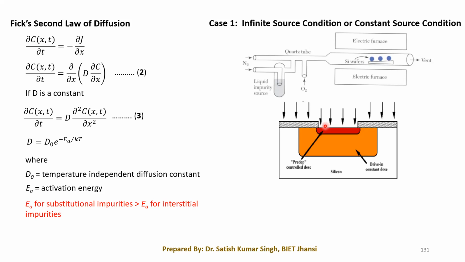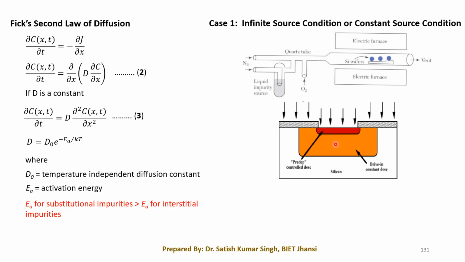If we want to plot the profile, you will find that the maximum concentration of the impurity atoms will be at the surface. At the surface it will be maximum, and that maximum value is given by the solid solubility of this dopant in silicon.